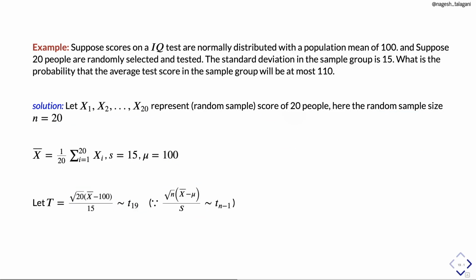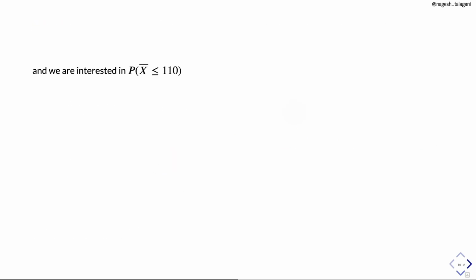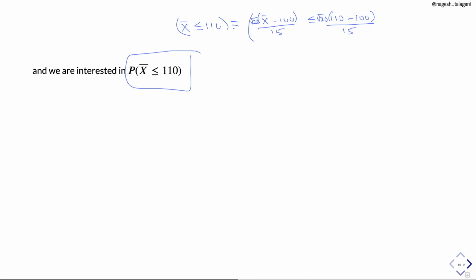Now, we are interested in the probability of x bar less than or equal to 110. This event, I can write like this. If I subtract the mean 100 from each side, then we can multiply root 20 on each side, then we can divide by the sample standard deviation 15 on each side.